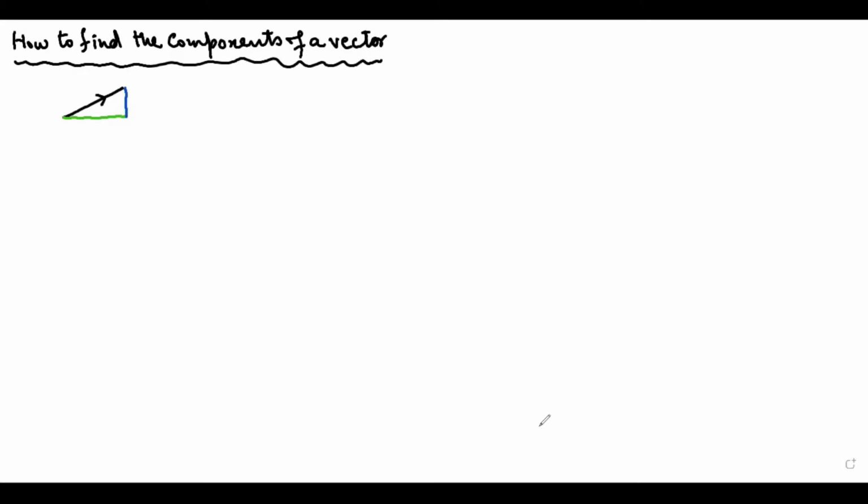Now the green line shows the horizontal component and the blue line shows the vertical component. If this green length is 3 and this blue length is 1, then we can write down A in terms of column vectors.